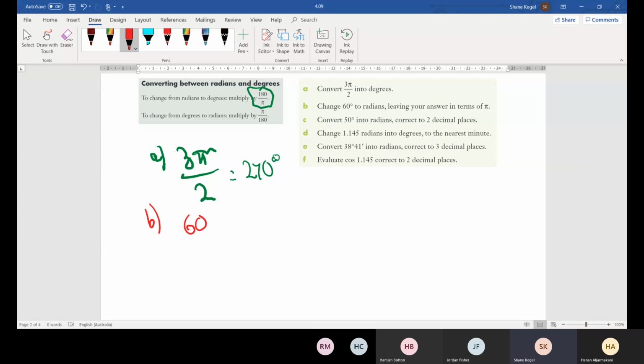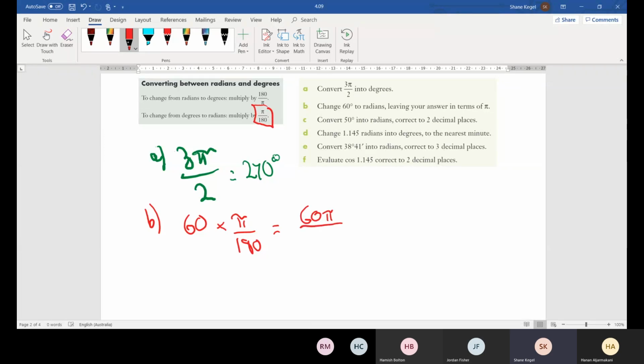60 degrees. What I'm saying to myself is, I'm trying to convert to radians. So remember, radians is pi, or pi radians. So I'm looking for the fraction where radians is on the top, so multiply by pi on 180: 60 times pi on top.